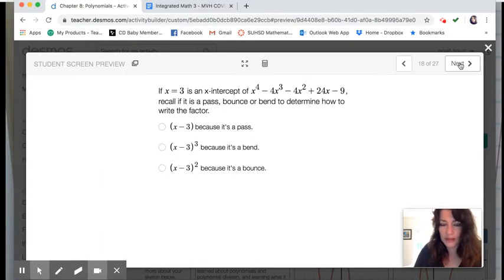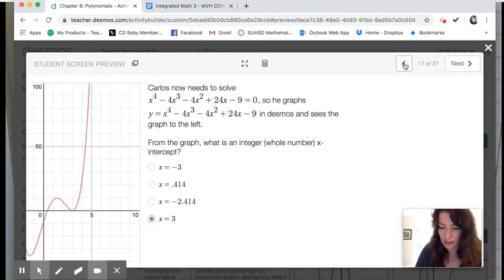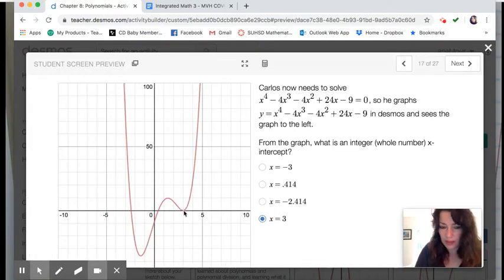If x equals 3 is an x-intercept, recall if it is a pass, bounce, or bend to determine how to write the factor. All right, well, looking back, we saw that it bounced, right? So right here at x equals 3, that is a bounce. So there's going to be a degree 2 polynomial here, or in other words, 2 of these.